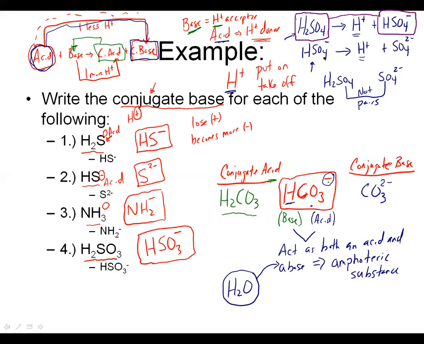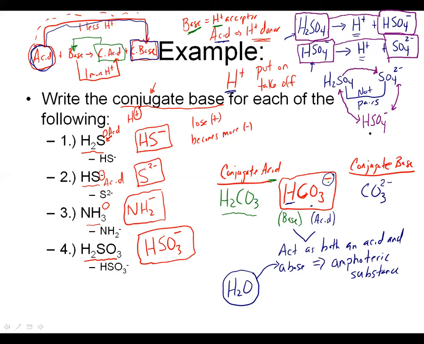The difference is one H plus. These two are also partners, as the difference is just one H plus. But if you try to jump straight from here to here, they're technically not partners because the difference is more than one H plus. And that's why you need something in the middle like HSO4 minus, which is a partner to this one, and also a partner to this one.